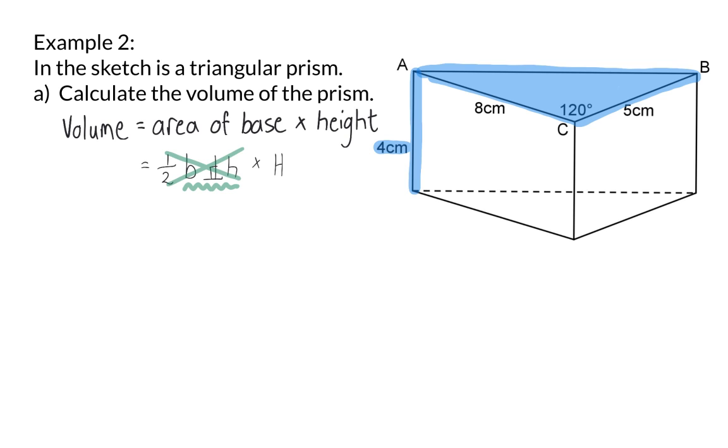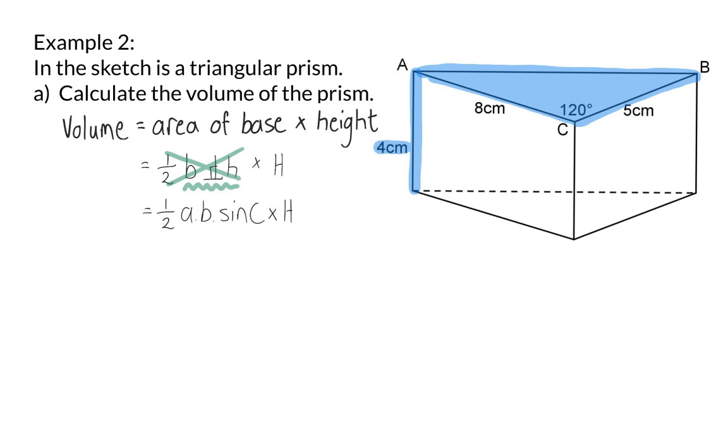That is why we are now going to use grade 11 trigonometry. We are going to use the area rule, which states that the area of a triangle can be determined using the formula half times A times B times sin of angle C, and then still multiply this by the height of the prism.